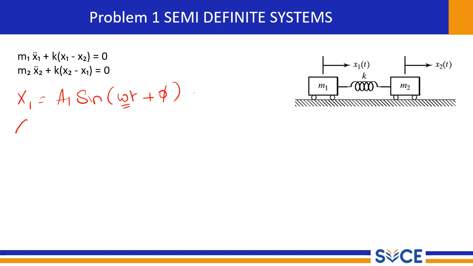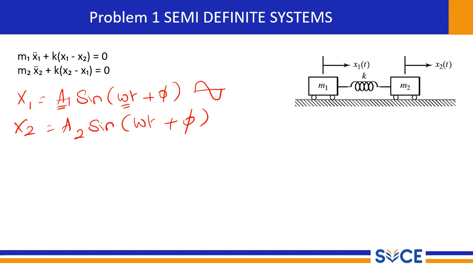Similarly, x2 equals a2 sine (omega t plus phi). Here, a is nothing but amplitude, and since it is a sine wave, the vibration will happen like this.